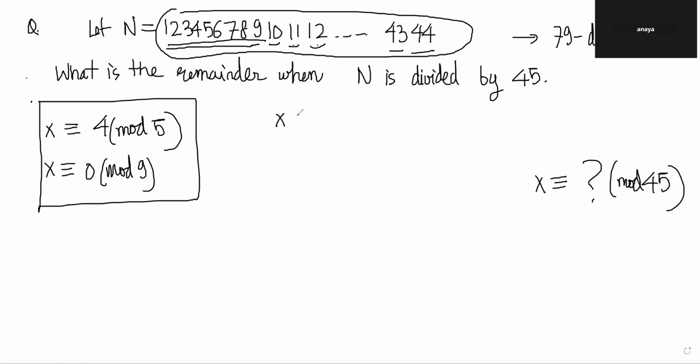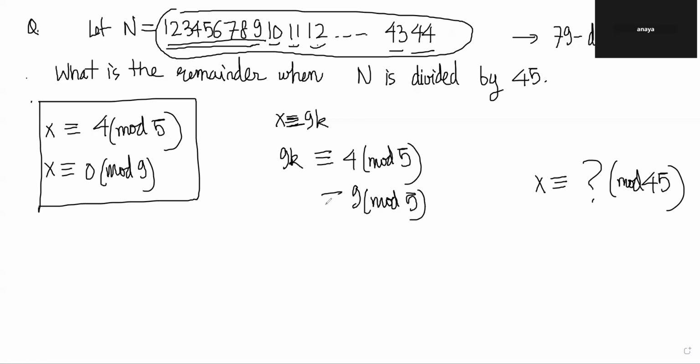So x will be 9k, right? Yeah. And 9k you are going to put into this. So 9k is equal to 5j plus 4. Or we should write it like this: 9k is congruent to 4 mod 5. So this is 9 mod 5, right? Right. And then I can divide by 9 because co-prime.